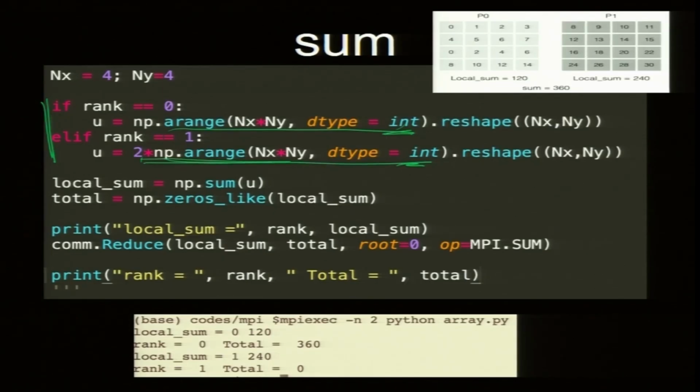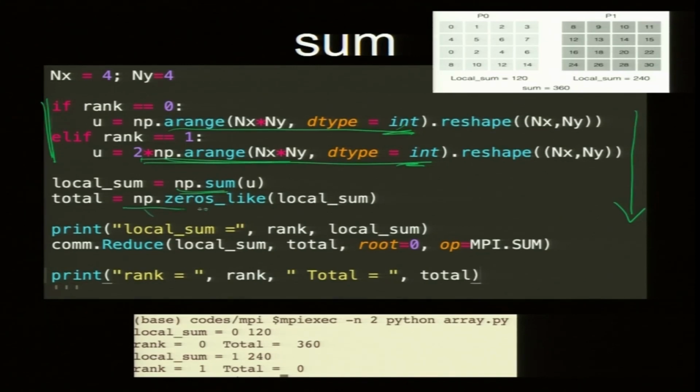So, what should I do for summing? This code is running on all the processors, so each one sums its own array. Say local sum equal to np dot sum, easy. Then I want to do the total. Let us create a variable total which is there in all the processors.